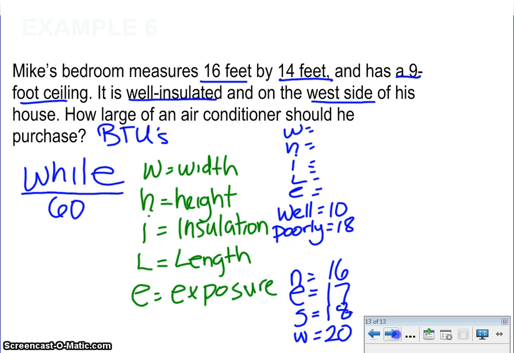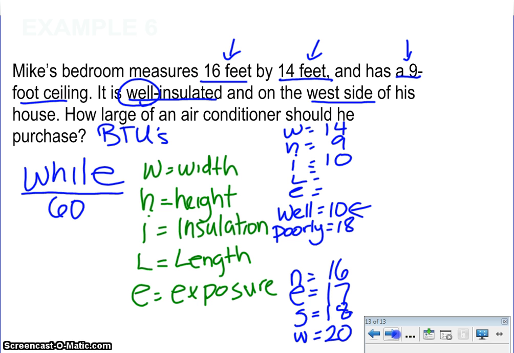So it says that the width here is 14 feet. The height is 9 feet. The insulation, it tells us it's well insulated. Well, we said here if it's well insulated, it's going to be a 10.